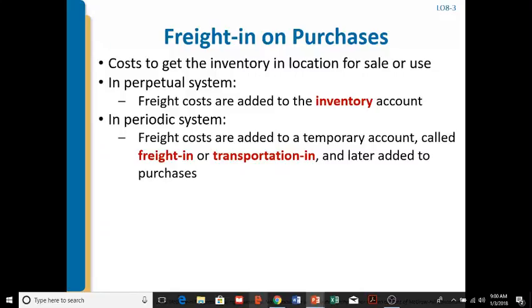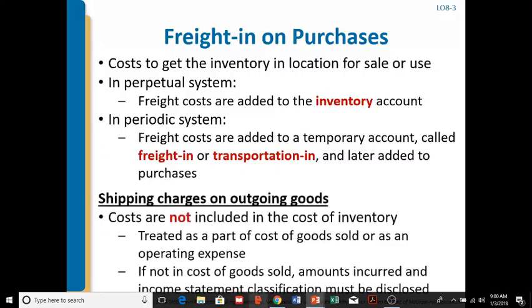In a perpetual system, the freight costs, for instance, are added to the inventory account, whereas with the periodic system, we have these temporary accounts, called freight in or transportation in, where we add the freight costs, and later we add it to the purchases at the end of the year.